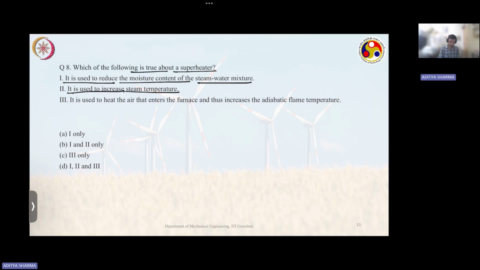The third: it is used to heat the air that enters the furnace and thus increase the adiabatic flame temperature.